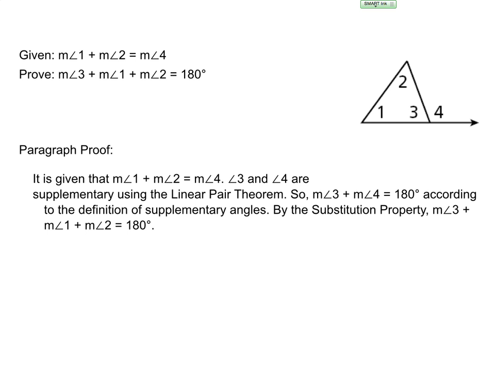Now, in a flow chart proof, we need to figure out line 2. Do I need to connect this one to line 2? Do you have to know this to say angle 3 and 4 are supplementary? Does that come from knowing that? No. What's the linear pair theorem's hypothesis?